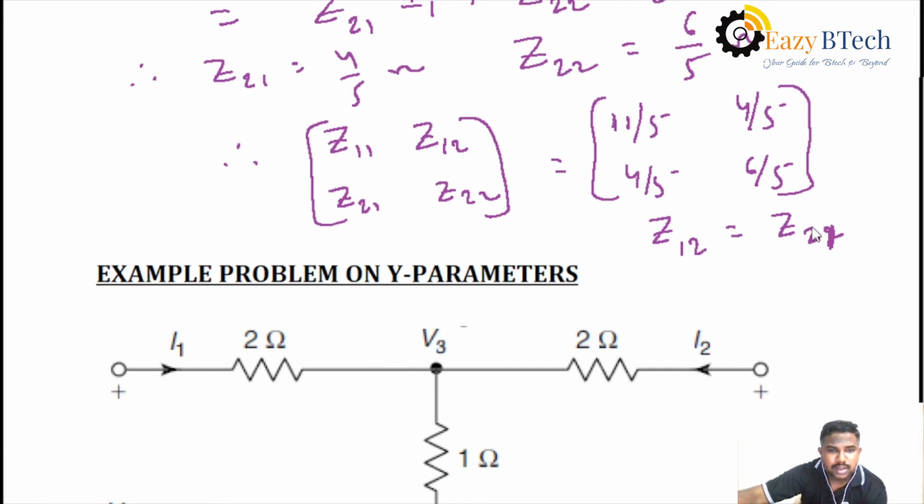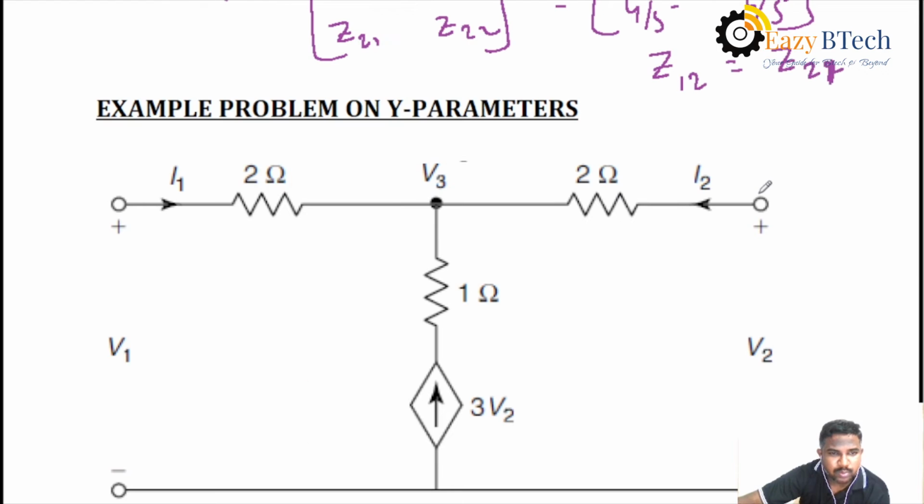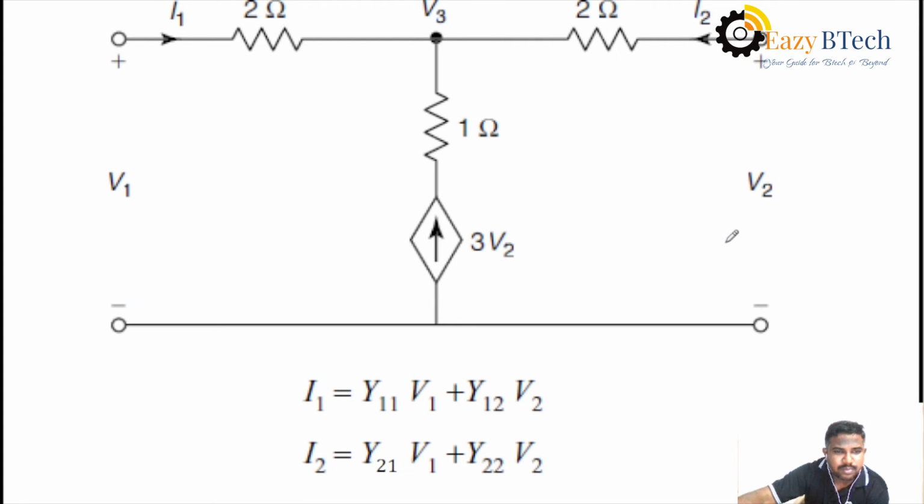Then consider the second problem. You have to find out the Y parameters for this given circuit. This is the problem, and the standard equations of Y parameters we also know, that is I1 and I2. Both I1 and I2 values you have to mention in terms of V1 and V2.